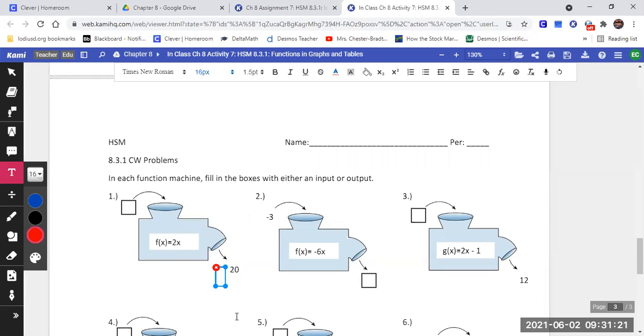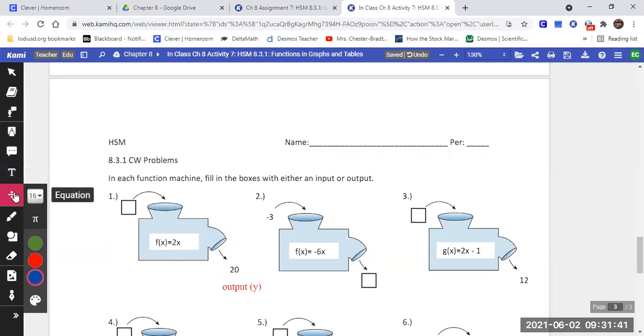The X or the Y? Okay, so that's our Y. So we know the Y. We need to figure out the X that made it work, just like we did up above.